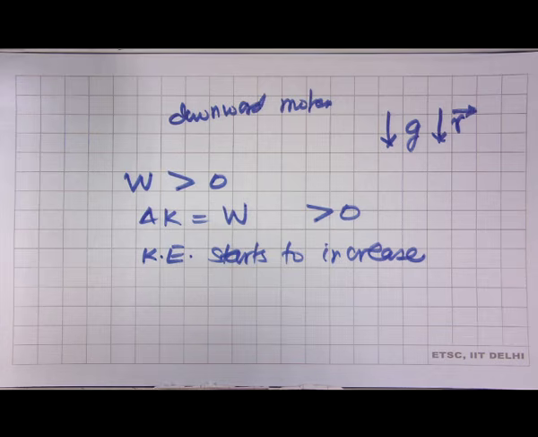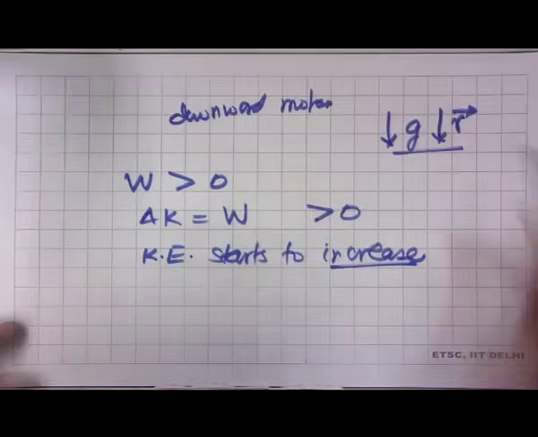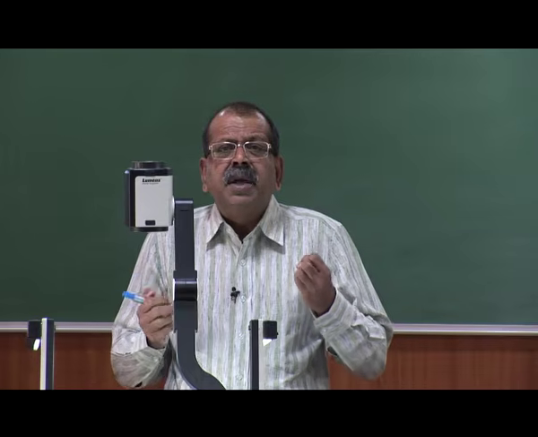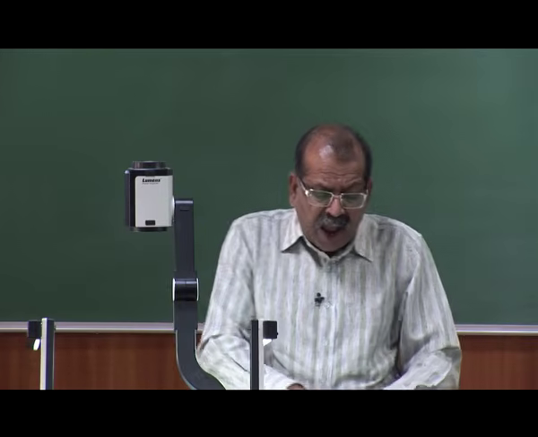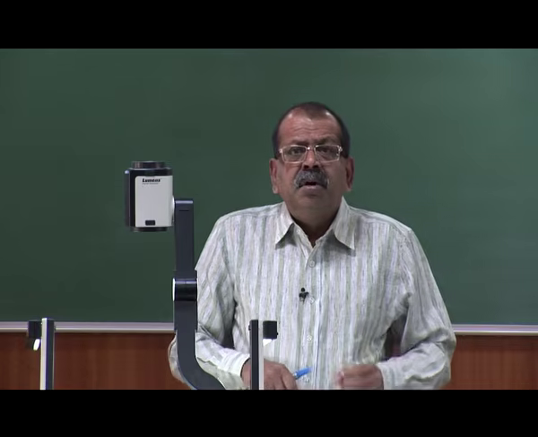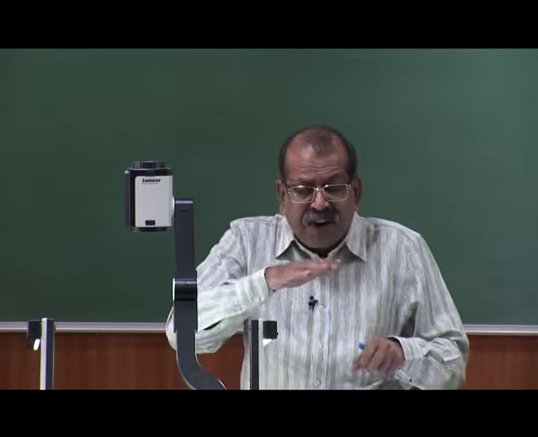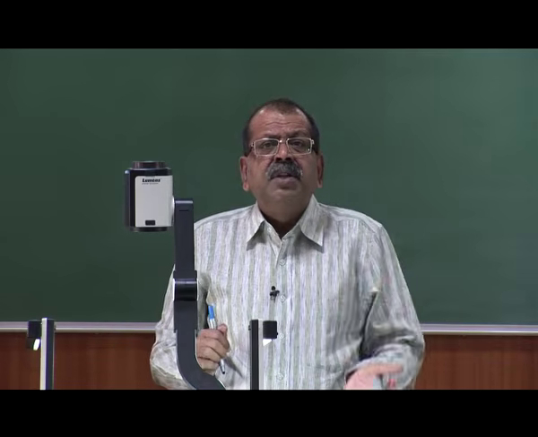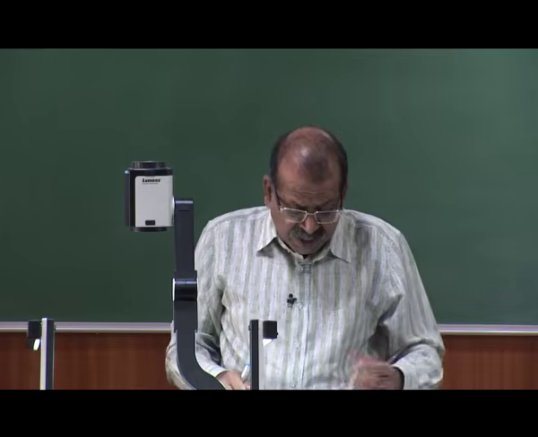Now, this gives us a feeling about the work done by gravity: can we look at this, in some sense, as a stored energy? As the ball moves up, there is some form of energy related to the vertical position of the ball, which increases, and as the ball comes down, this energy decreases.